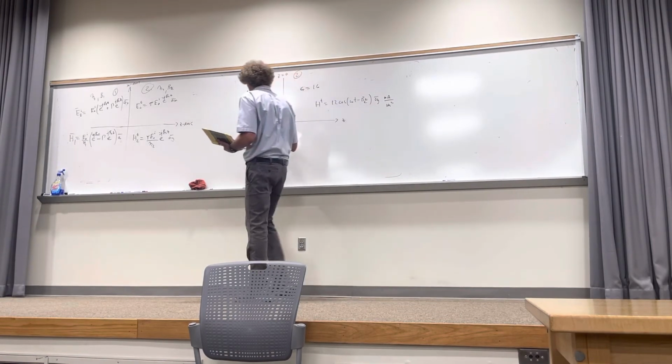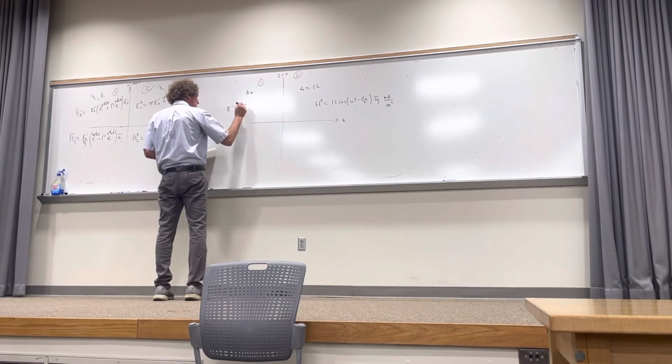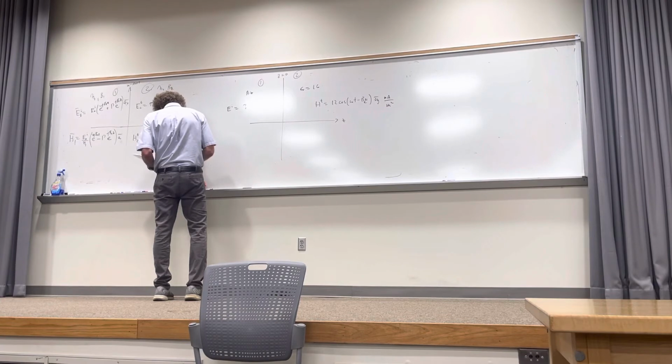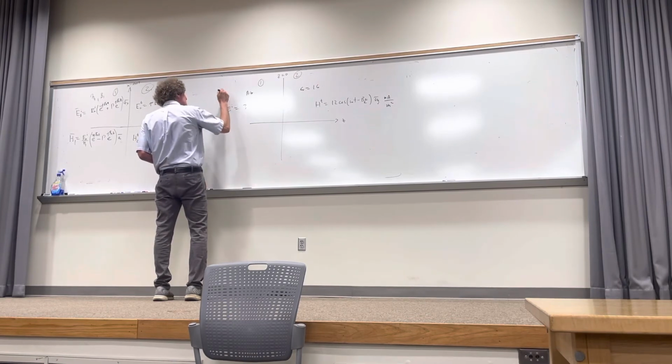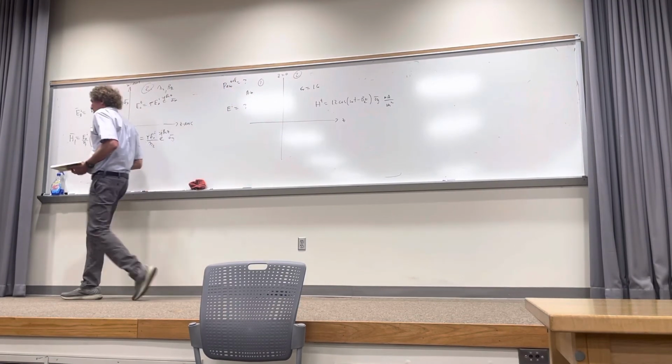And he wants the incident electric field, and he wants, what else? Find the reflected power density, so he wants P average reflected. That's what he wants.